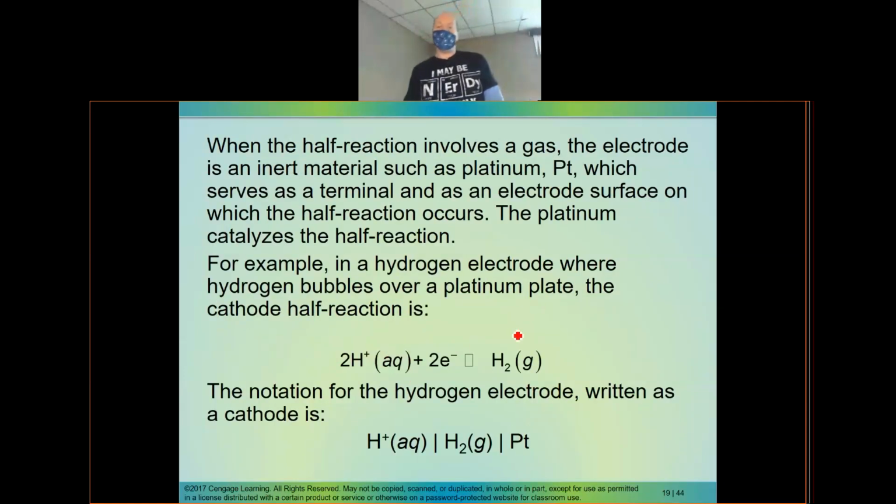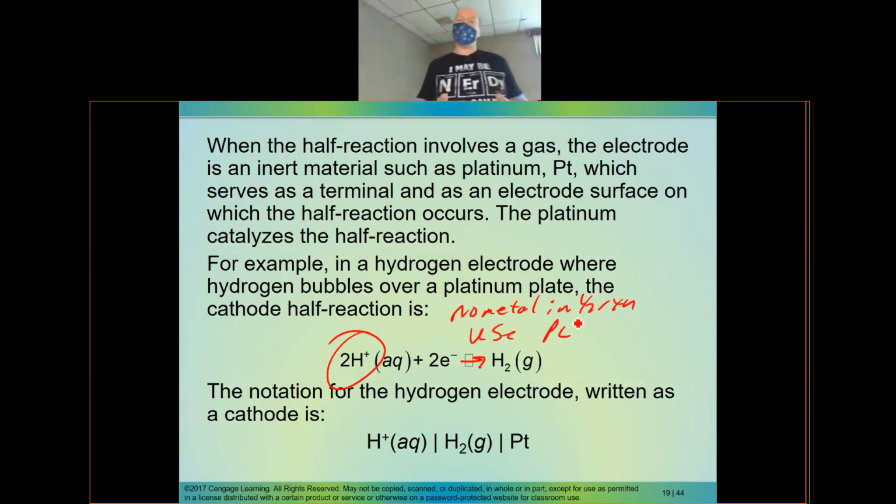All right, now if you have a half reaction that is not a metal, you have H plus going to H2 gas. Again, you have to start with a metal and you have to end with a metal. If there's no metal in the half reaction, you're going to use platinum.